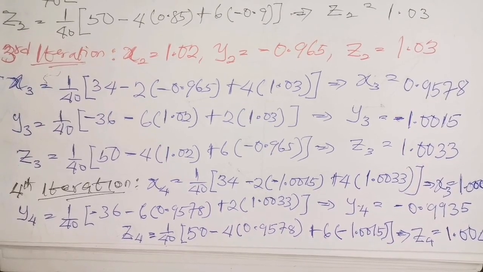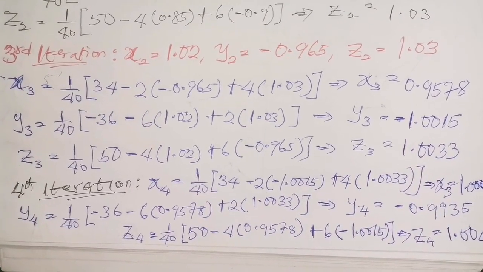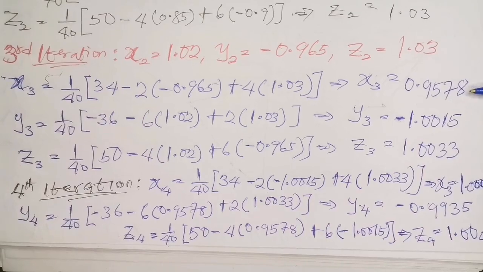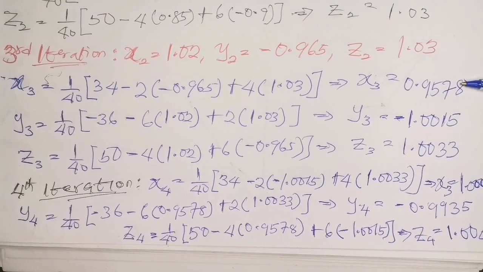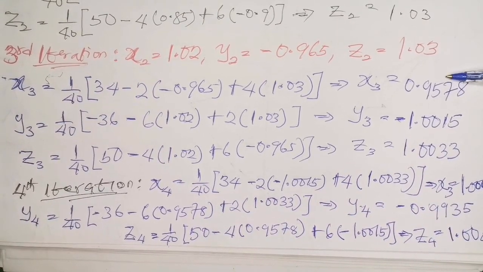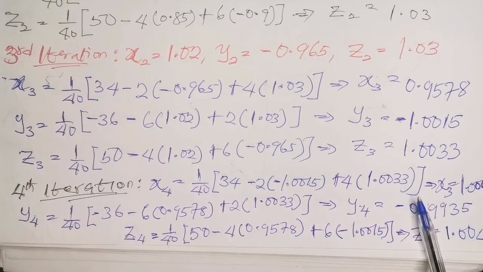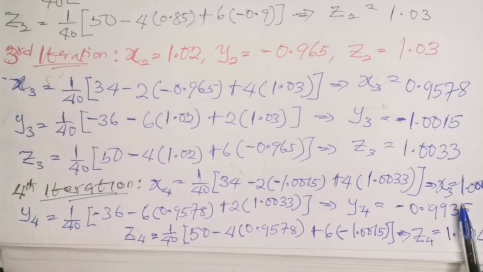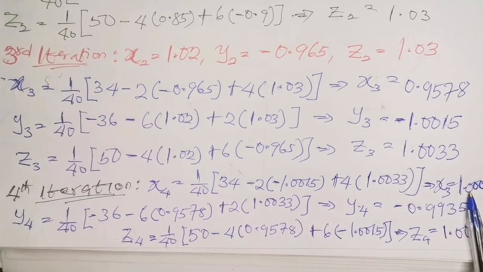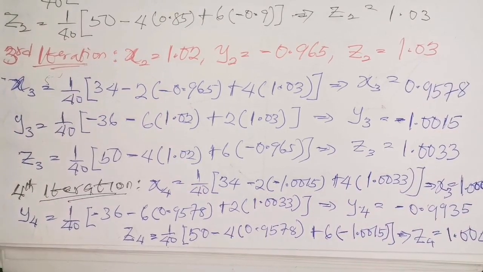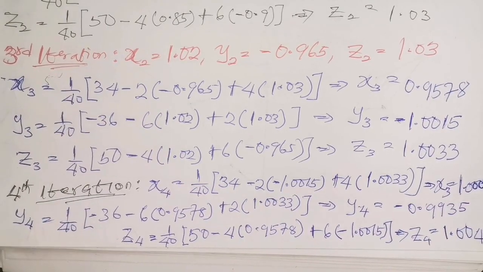So you've done up to 4 iterations. Now let's try to compare with the previous result and see if they've converged. Okay, so in the previous result, we have for x 0.9578, that's x3. But in this current iteration, we have x4 to be equal to 1.0004, which means x has not converged yet. So we still have to carry on with the next iteration.